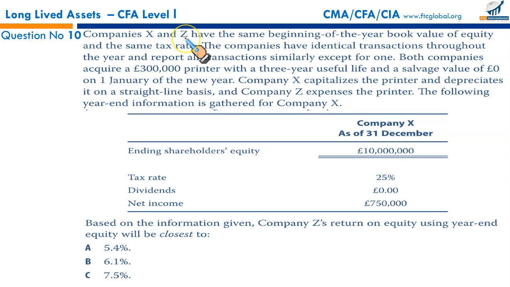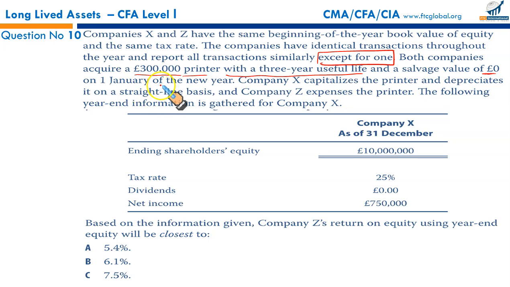Companies X and Z have the same beginning of the year book value of equity and same tax rates. Equity is same, tax rate is same. The companies have identical transactions throughout the year and report all transactions similarly except for one. Both companies acquire a £300,000 printer with 3 years useful life and a salvage value of £0.